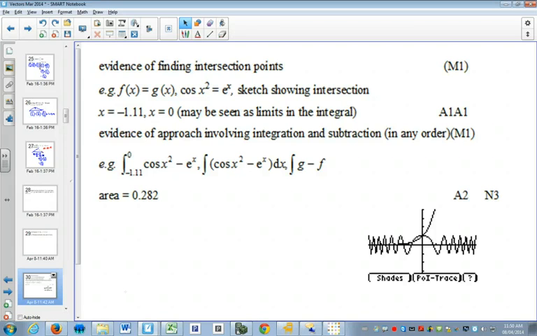So you don't need to show that you're finding intersection points, but that would give you a method mark, even if you didn't get the right answers. Then setting it up as the integral would give you another method mark, and then finding the final answer is worth 2 answer marks, even though you only write 1 answer. So if you don't get the right answer, you lose 2 marks.